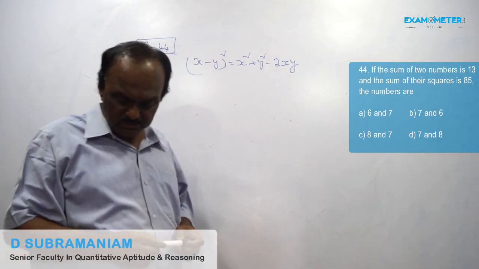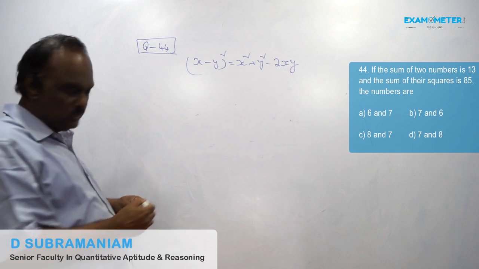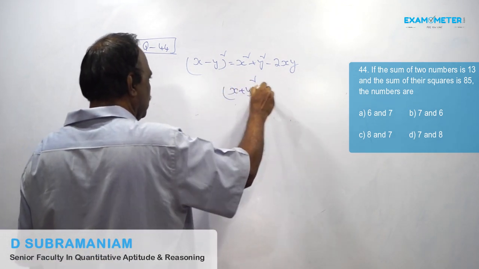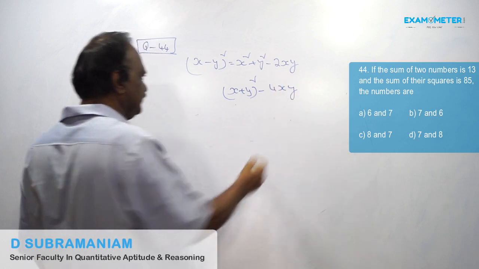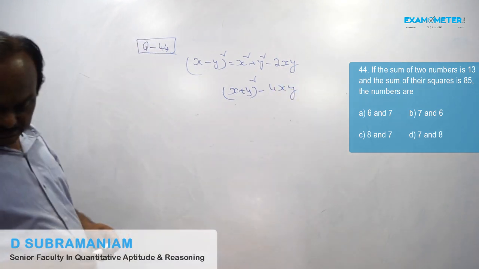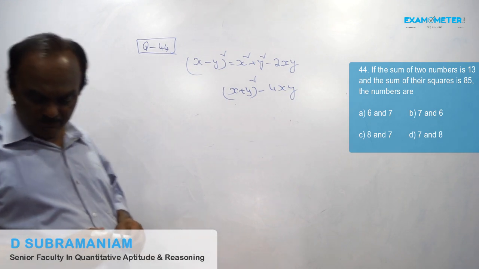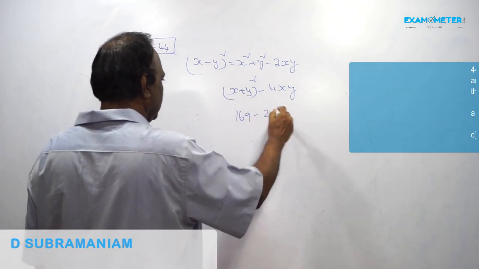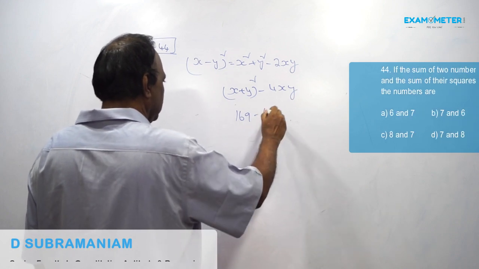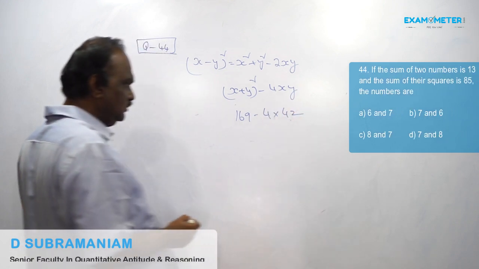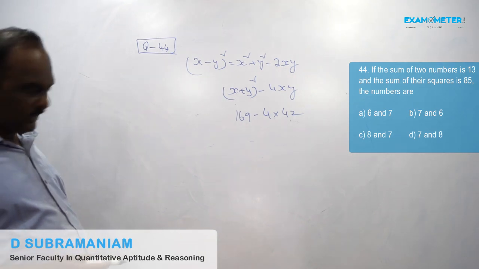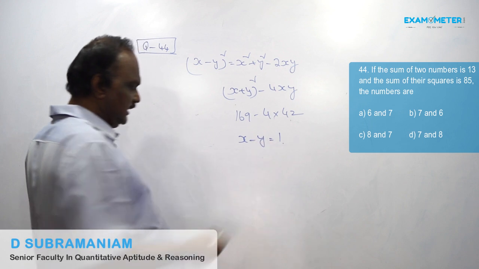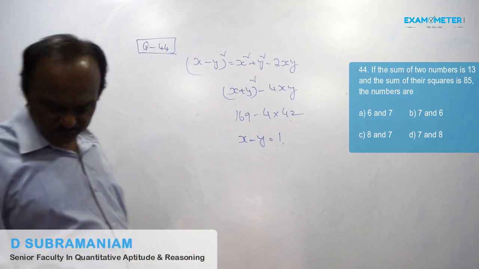This you can write as (x plus y) whole square minus 4xy. That is 13 square minus 4 into 42. So x minus y comes to 1.